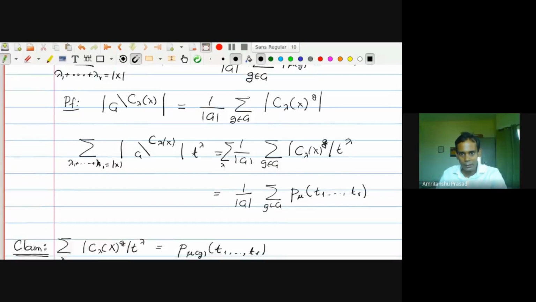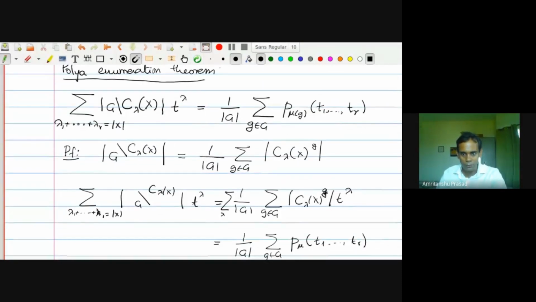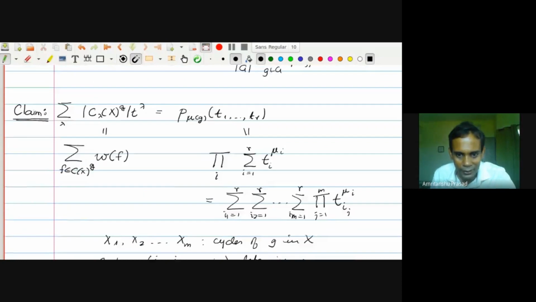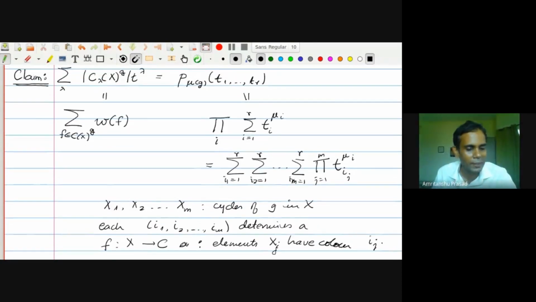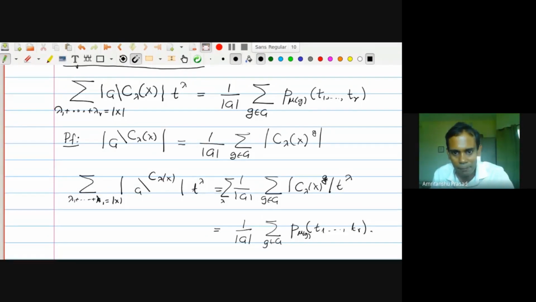And that's the proof of the Polya enumeration theorem. I'm sorry, this last proof, because of lack of time, I should have taken a little longer to explain it, but it's written up very clearly in the notes. You need to go through it carefully. But I can show you during the discussion some examples and how to actually compute this. It's not at all very difficult.